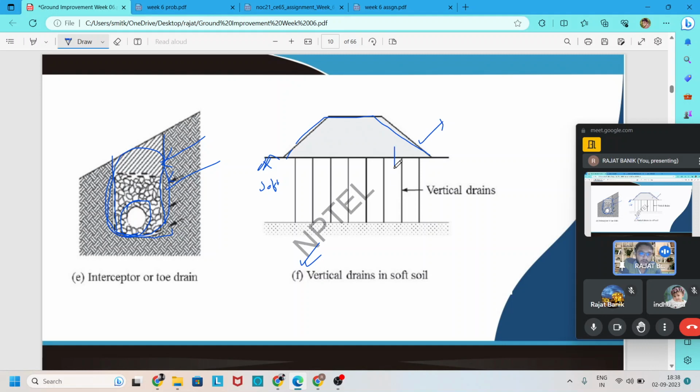Due to this preload, excess water pressure is developed, and by this arrangement of vertical drains, the excess water is collected, and through the surface piping this water can be dissipated from the soil, and consolidation happens. Due to this consolidation, subsequent ground settlement happens. After that, soil effective stress is increased, or the soil gets stronger.